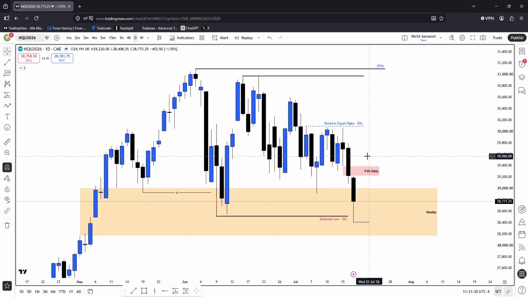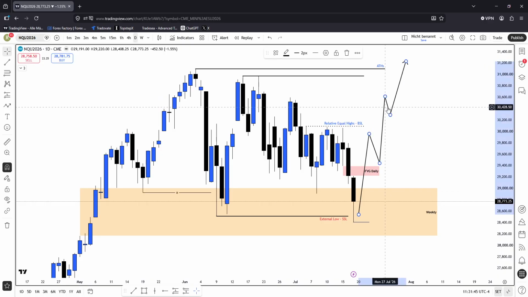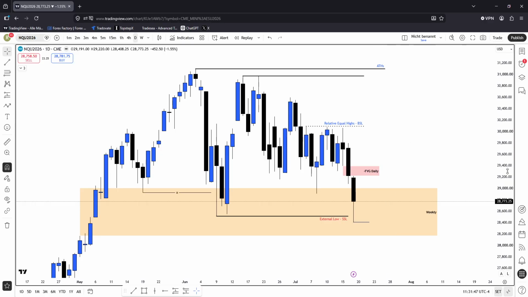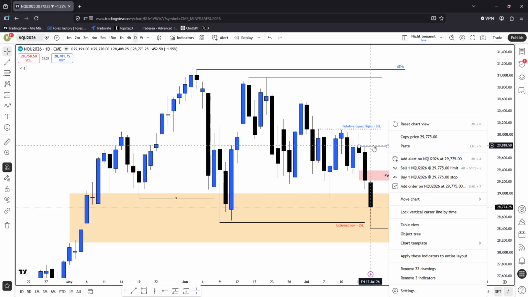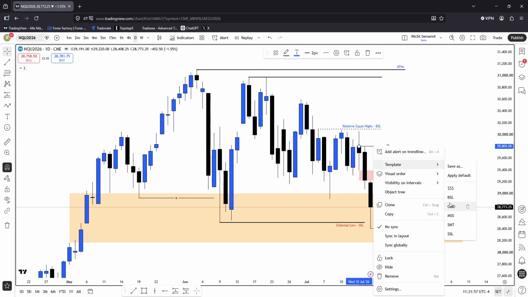That's pretty exciting because that sweep of this range low here can sponsor the move back up to new all-time highs. I know we gotta wait for validating structure for that. Because right now it's too early to say that we will go back to new all-time highs, but I'm pretty confident with my narrative.